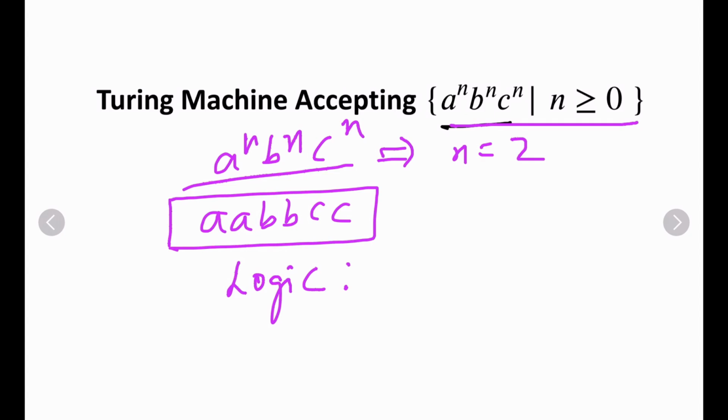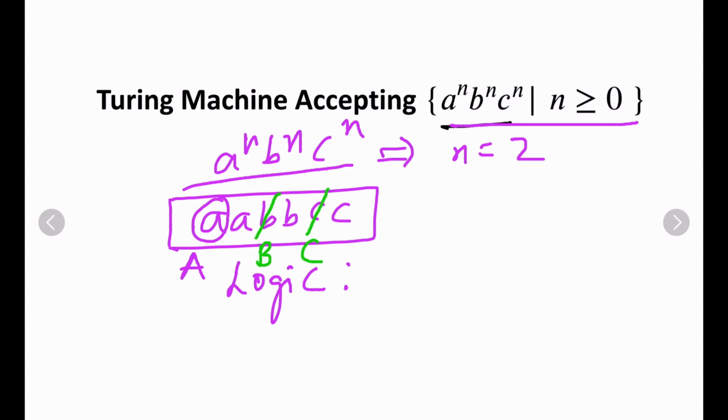First you have to read the first a and change it to capital A. Then keep moving to the right side to search for the first b on the right side. In this case, you have to change it. Again keep searching for one more c on the right-hand side. This is the first c.